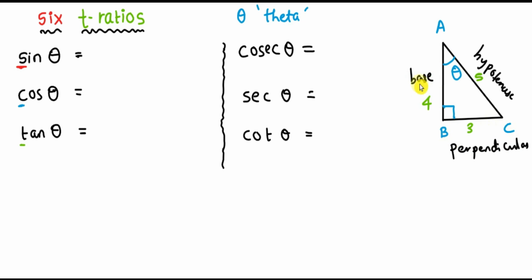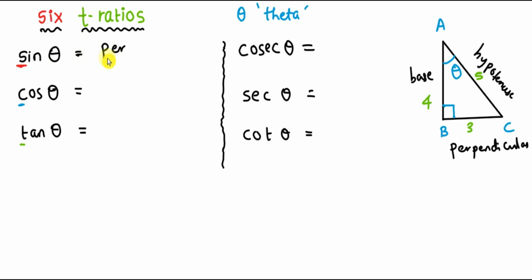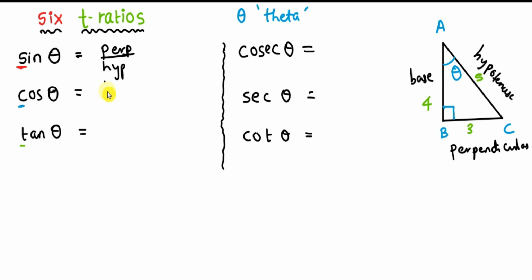So if we call them perpendicular and base, the trigonometric ratios will be: sine theta was opposite upon hypotenuse, so it will be perpendicular upon hypotenuse, because the opposite side is called the perpendicular side, right? Cos theta is adjacent upon hypotenuse. Now we can write it as base upon hypotenuse because adjacent is nothing but base.